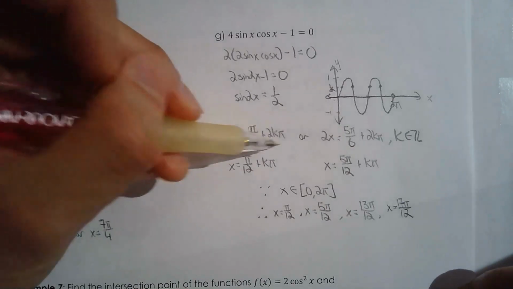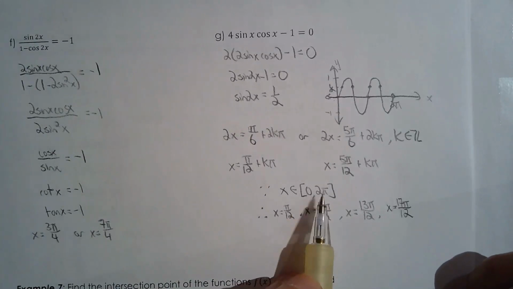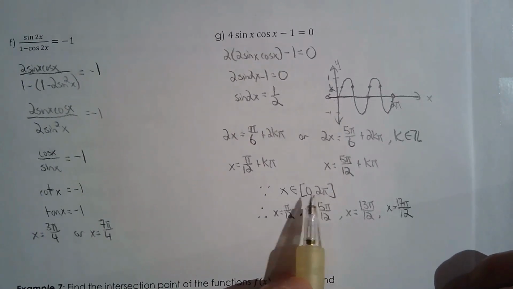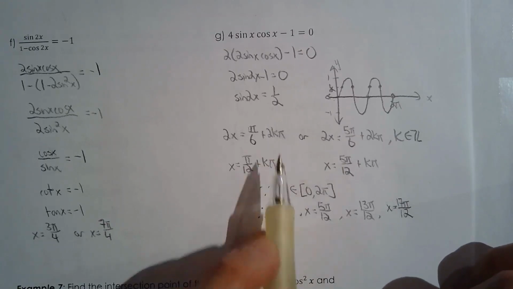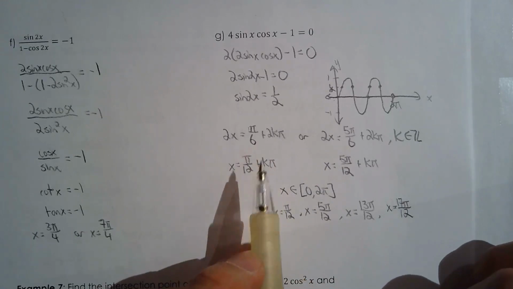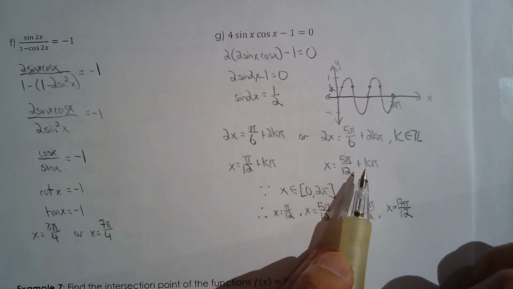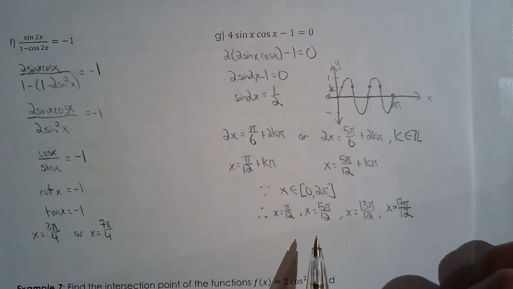Another reason why I'll do 2k pi is if the restriction is not from 0 to 2 pi. If it was some weird restriction, which you see in some of the textbook questions, like -3 pi over 2 to 0, I'm definitely doing this. I'm going to study the coterminal angles and extract all the solutions to the equation, okay?